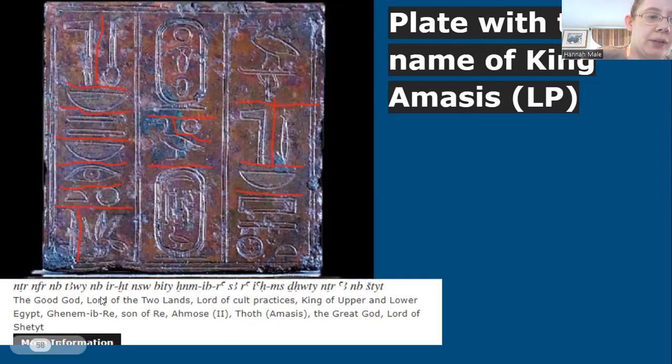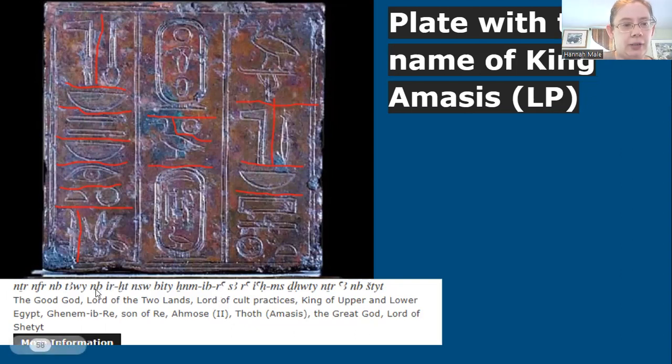And then we have Lord, which is the NB, which is here. And then the title of the two lands is this Tau way. So T vulture WY, which is this. So good God, Lord of the two lands.